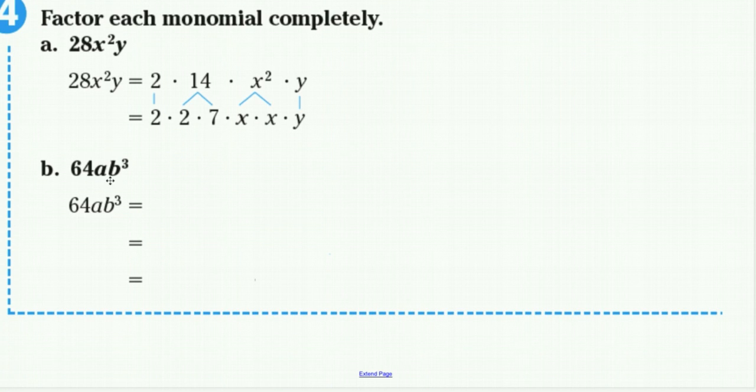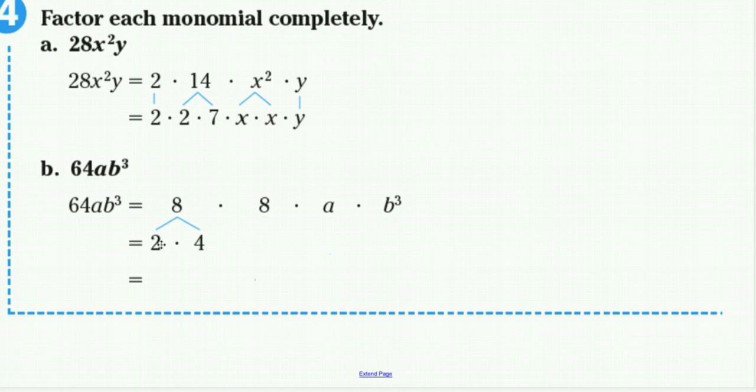Let's take a look at 64ab cubed. Let's get the prime factorization of 64. First, let's get 2 factors of 64. Two factors of 64 are 8 times 8, and we simply write out the a and b cubed on the other side. We know that 8 is not prime, so we continue factoring 8.